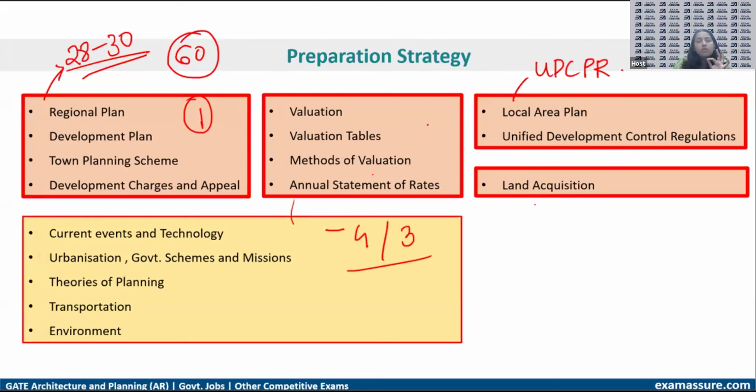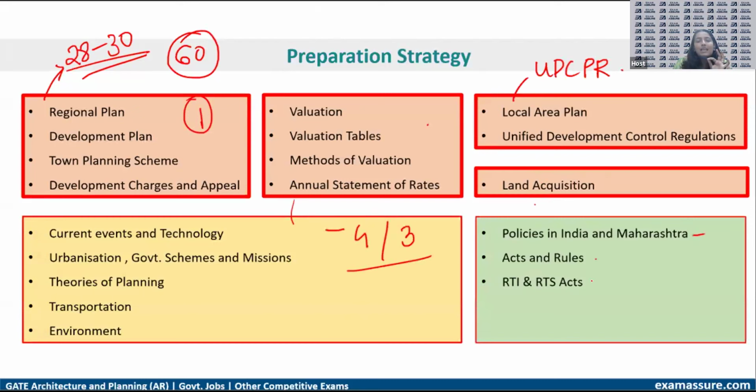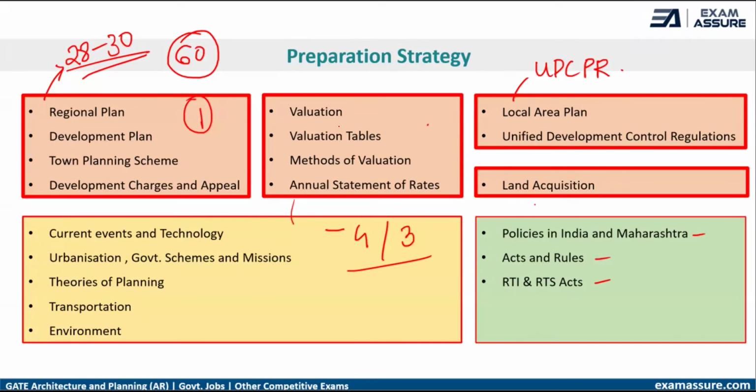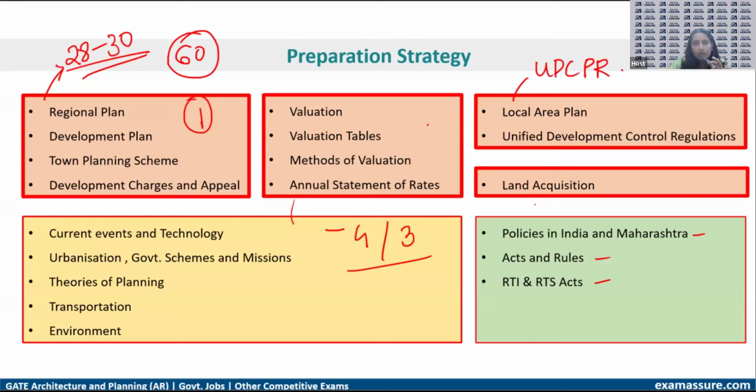And the last would be your policies, acts and rules, and RTI, RTS, where you have one question from each. So that is how the classes are going to be proceeding. And all the faculty is experienced faculty who have also cleared various government examinations.